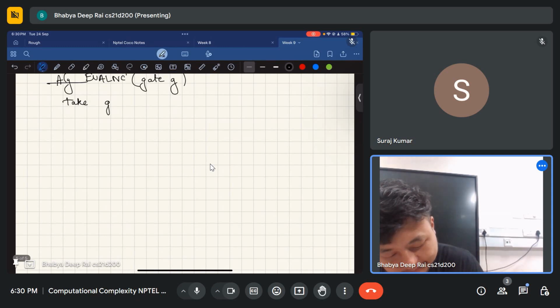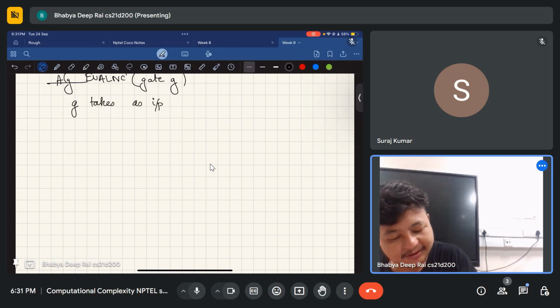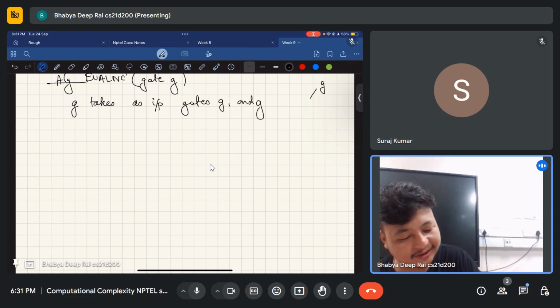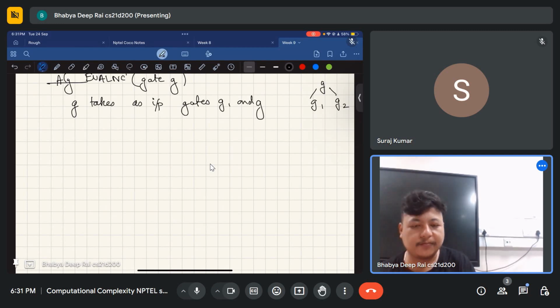Suppose g takes as input gates g1 and g2. So g is a gate which takes input from g1 and g2.